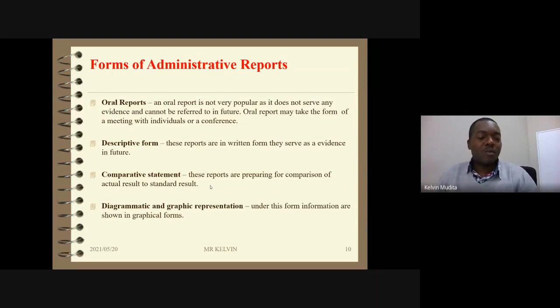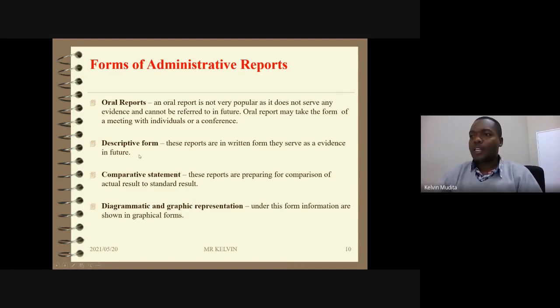And oral reporting can also change. So many organizations do not use oral reporting. It's not very popular in most organizations. So reports usually take the form of the other three remaining forms of administrative reporting.